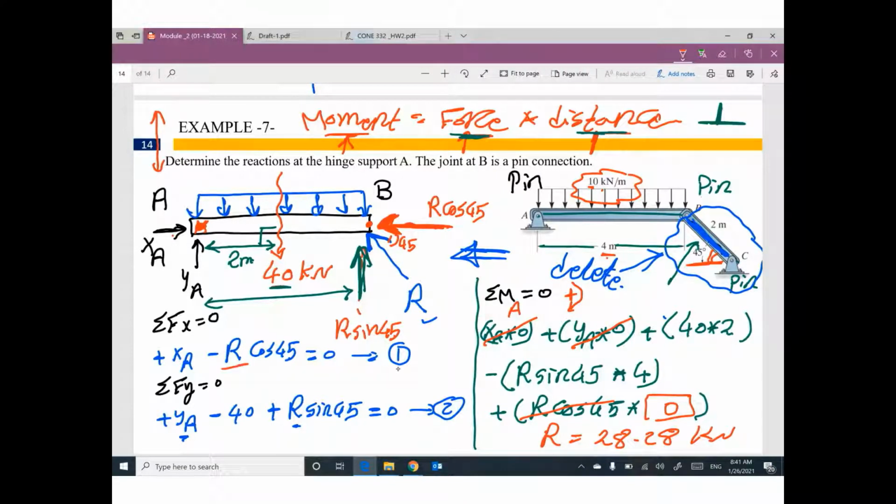If you put R here, 28.28, I can figure out the value of XA. XA will be 20. If you put R here, 28.28, I can get YA equal 20 also.